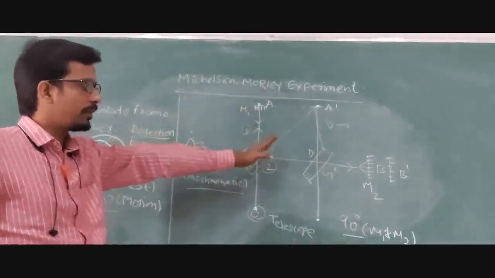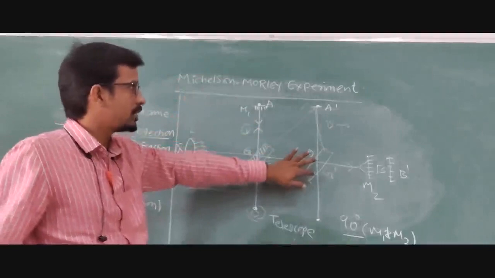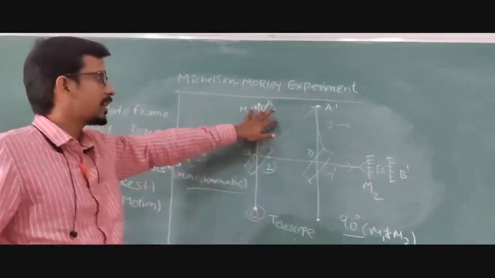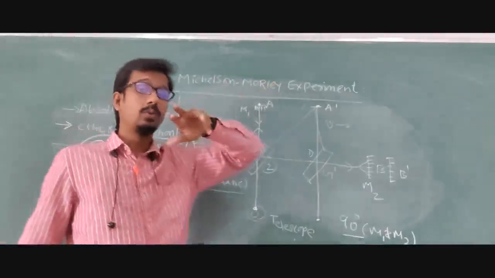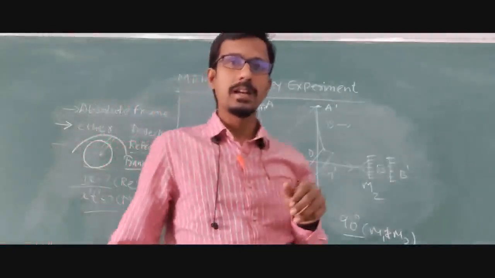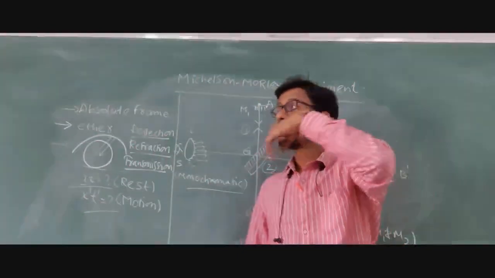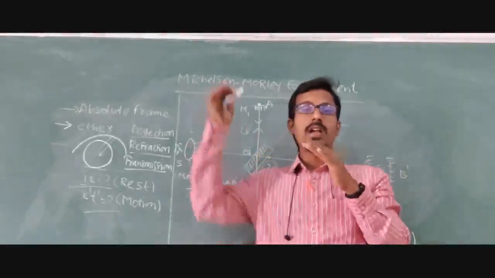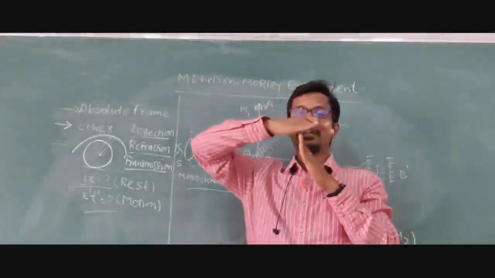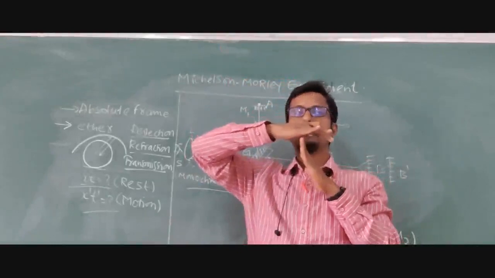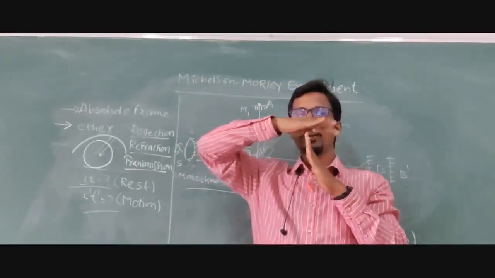So here, in this direction, A is at the rest position. When the Earth is moving with respect to the inner medium, we cannot consider it, because to get an interference pattern we require two.